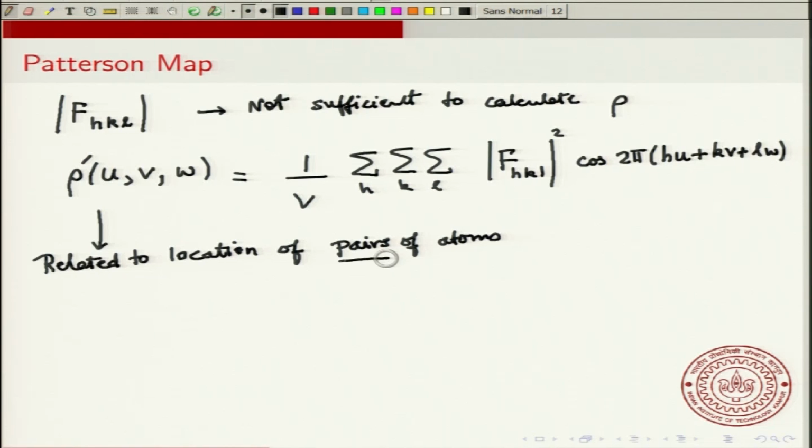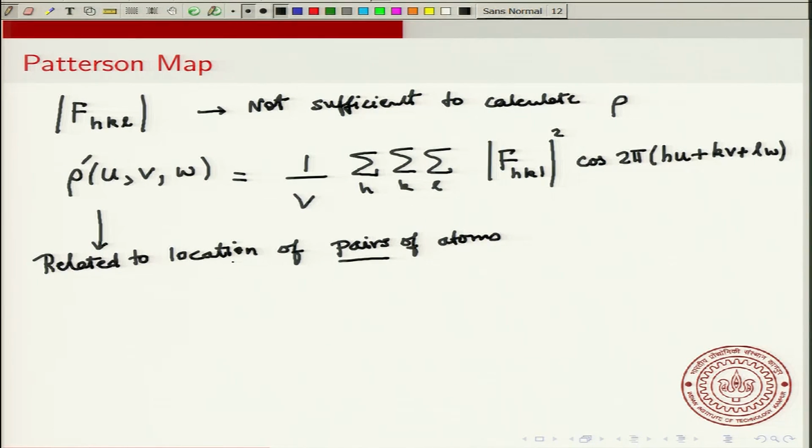So if you look at peaks on the Patterson map, just as the peaks in the electron density map were related to the location of atoms, this is the location of pairs of atoms.